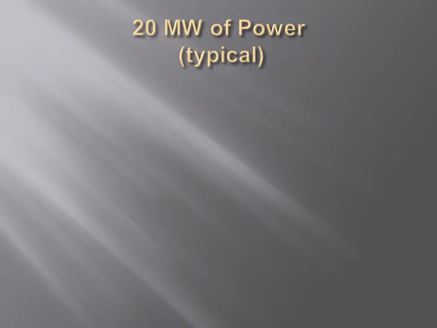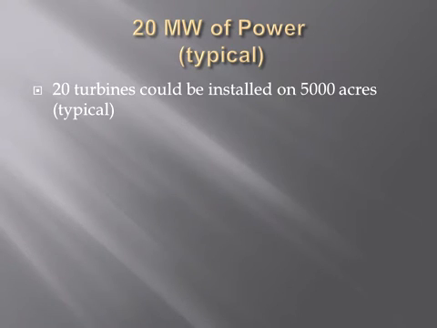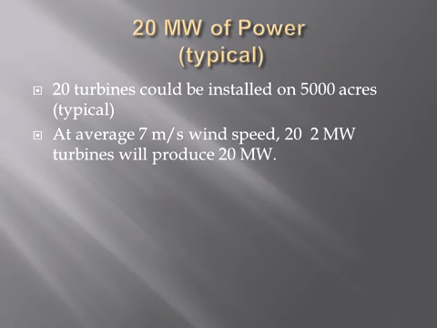I think that we can get 20 megawatts of power out of a wind farm on those 5,000 acres. Here's how. We can install 20 turbines on that 5,000 acres. Now that's typical. It's going to vary based on the actual wind profiles that we'll measure. But 20 turbines is typical. At an average 7 meter per second wind speed, those 20 turbines will produce about 20 megawatts.